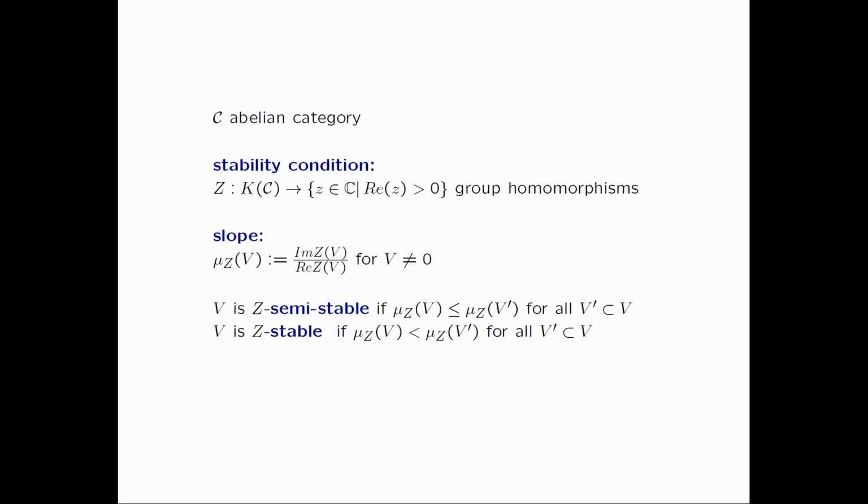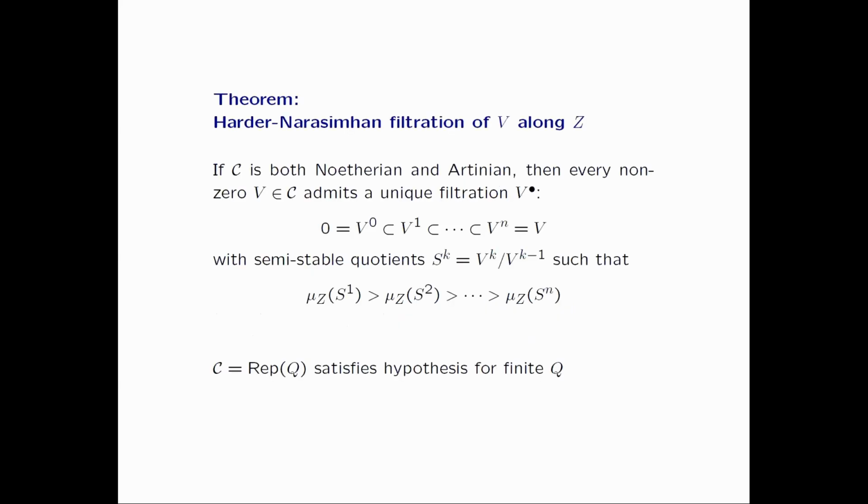Now, with this stability condition, we have the following theory. If C is reasonably finite, meaning that it's both Noetherian and Artinian, so we don't have infinite chains up or down, then every non-zero V admits a unique filtration, such that the quotients are semi-stable and their slopes satisfy this strict inequality, which is quite important.